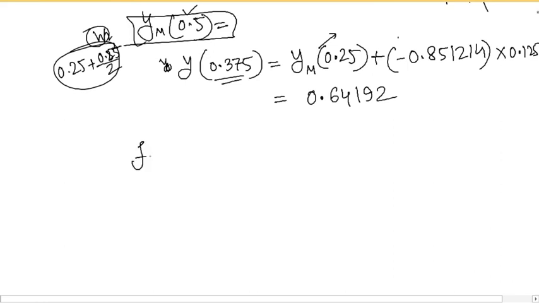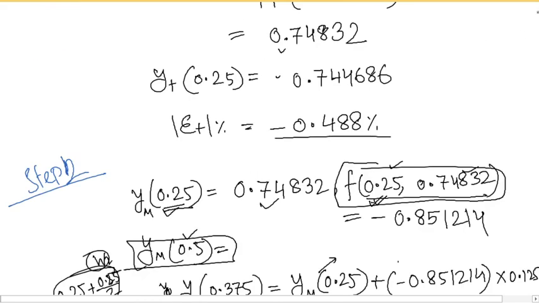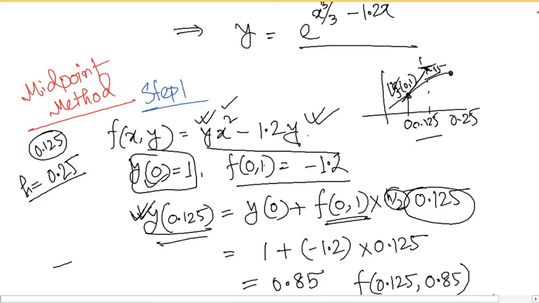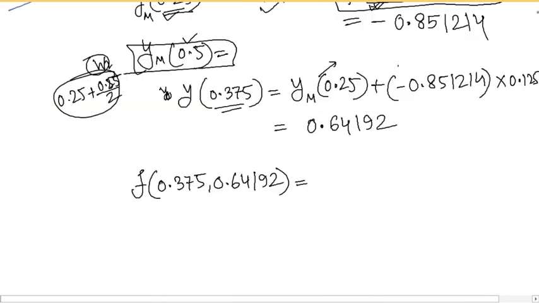And the function here, now the slope will be at 0.375 comma 0.64192 from this equation, putting the x and y values.